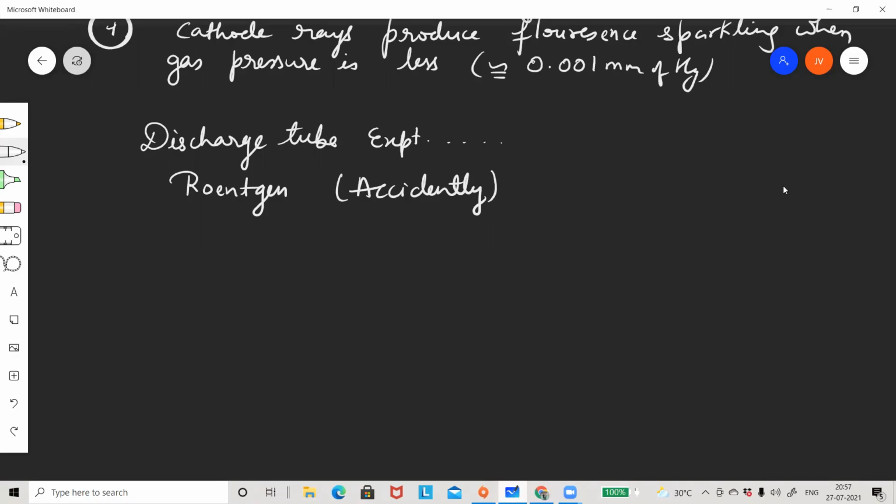That means definitely some rays must have come from the discharge tube. They must have traveled through your palm. Those rays could pass through the flesh, blood, skin, but could not pass through the bone. So the bone's outline picture came on the photographic film. So this is how accidentally a certain kind of rays were identified by Roentgen, and Roentgen named those rays as X-rays.